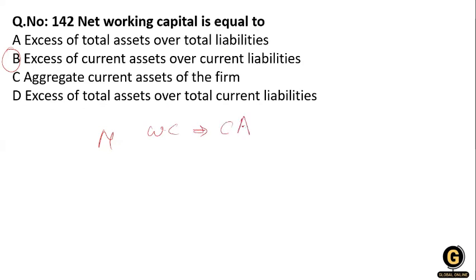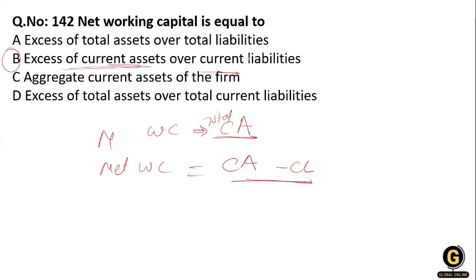Working capital is total current assets. And net working capital means current assets minus current liabilities. So an excess of current assets over current liabilities is the right answer, option number B. Clear?